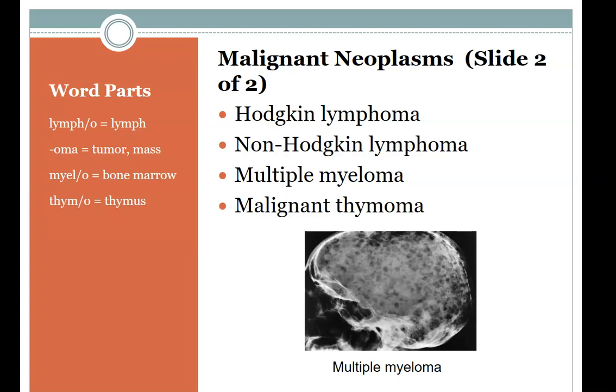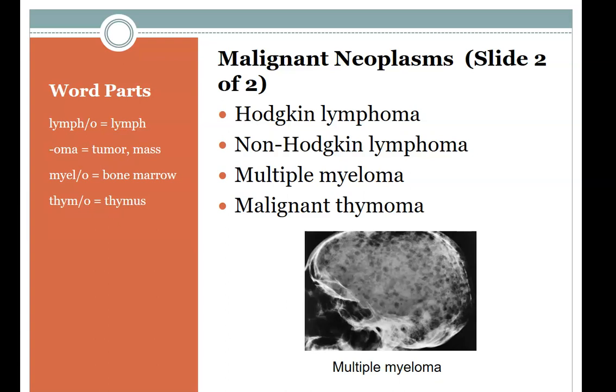If it occurs in only one bone, the tumor is referred to as a plasmacytoma. A malignant thymoma, also called a thymic carcinoma, is a rare malignancy of the thymus gland that is particularly invasive, and unlike its benign form, it is not associated with autoimmune disorders.